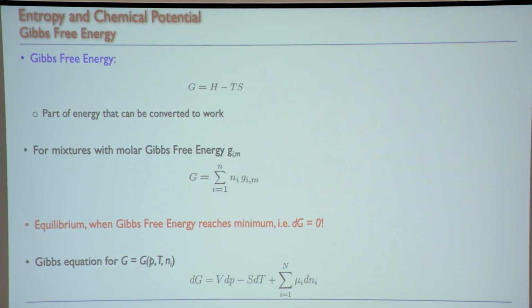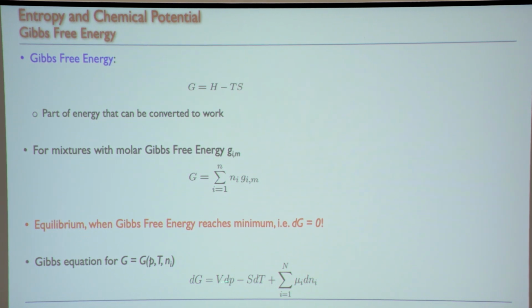That's just the definition. And then, of course, I can write it as the sum of the partial mole number times the partial molar Gibbs free energy. Okay, and then equilibrium is when this has a minimum, and so when dG is equal to 0, and I can write dG from the Gibbs equation as V dP minus S dT plus a term mu times dn.